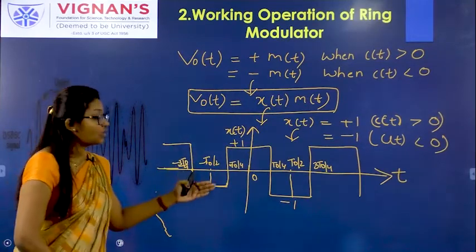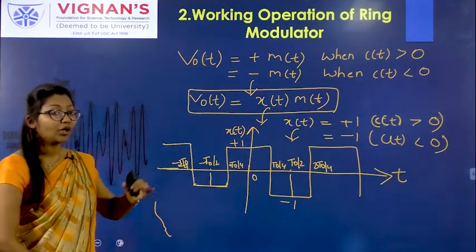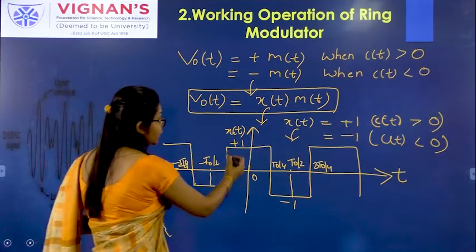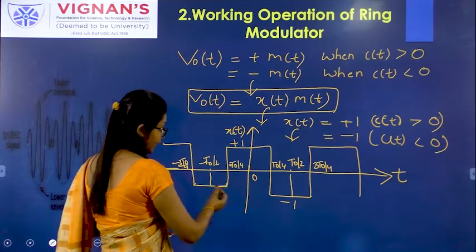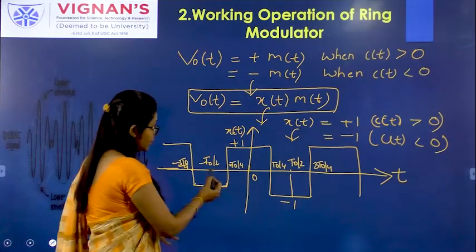So this is x of t, which we are representing as a periodic plus and minus. There is a plus 1 wave and a minus 1 periodic wave. I am considering it like this, and these are the timings.